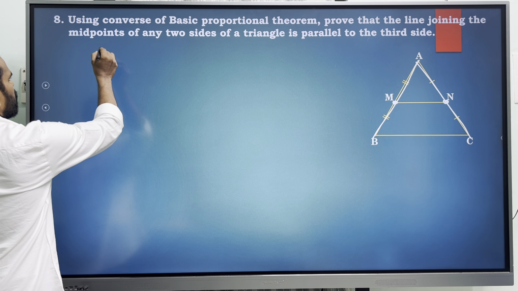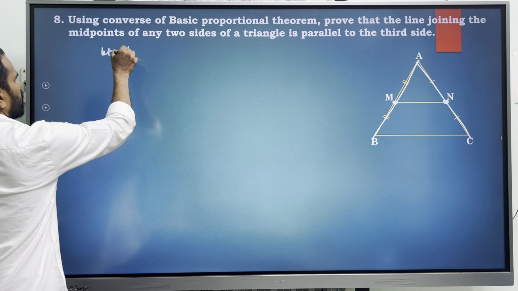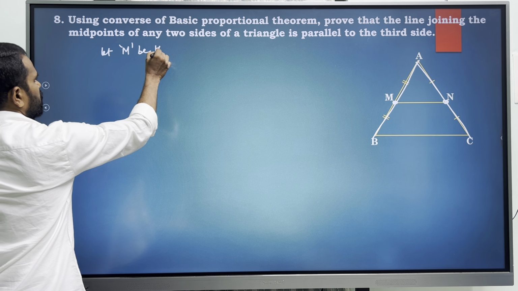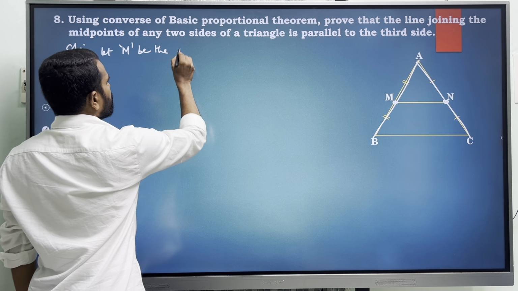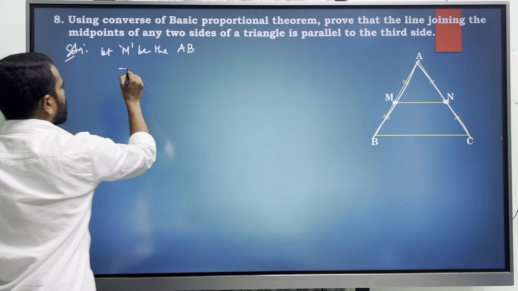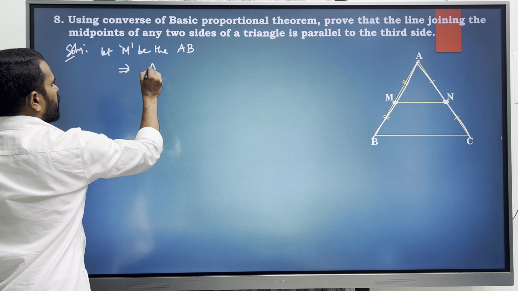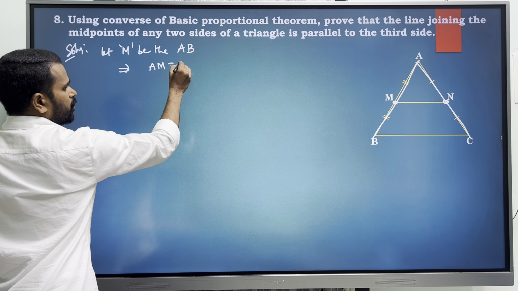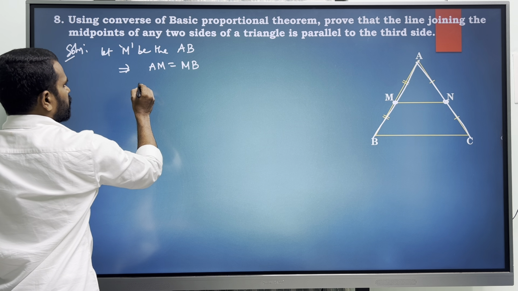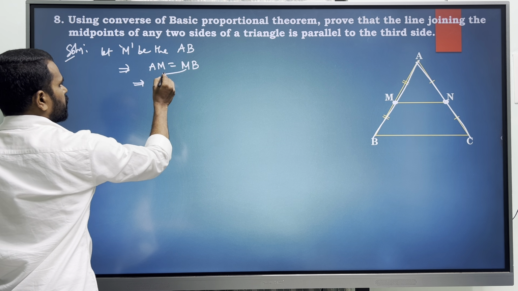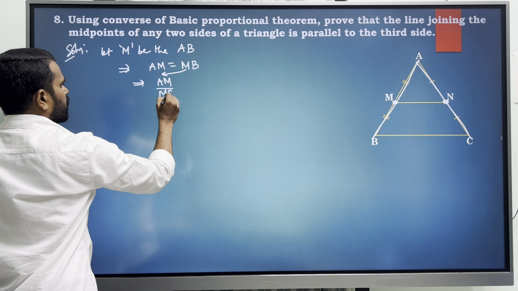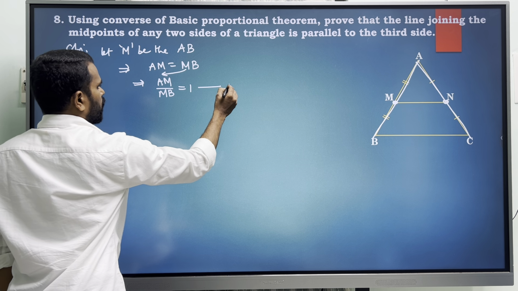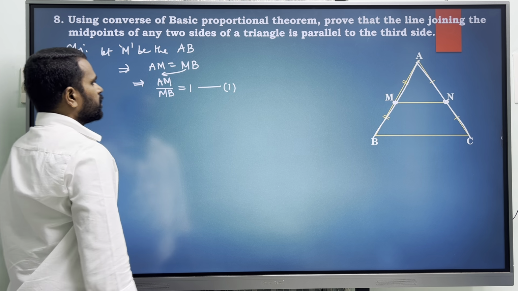So let M be the midpoint of AB. That implies AM equal to MB. If it comes to this side, AM by MB equal to 1. Let this be equation 1.